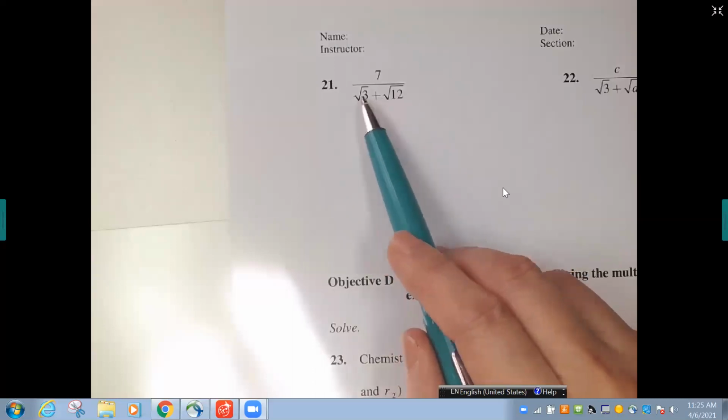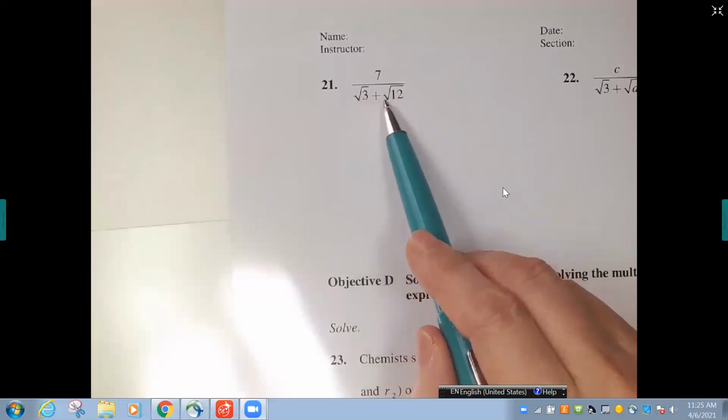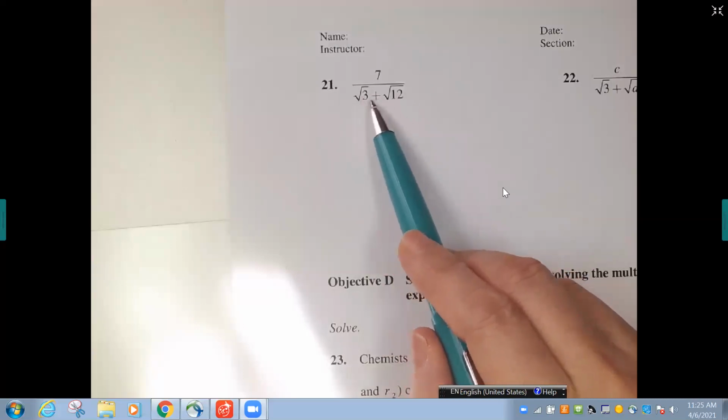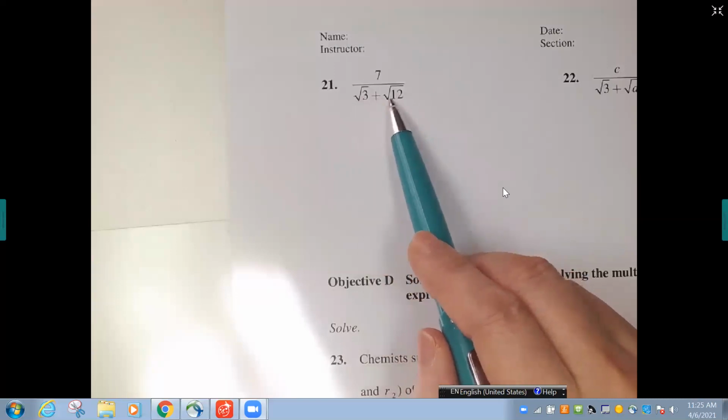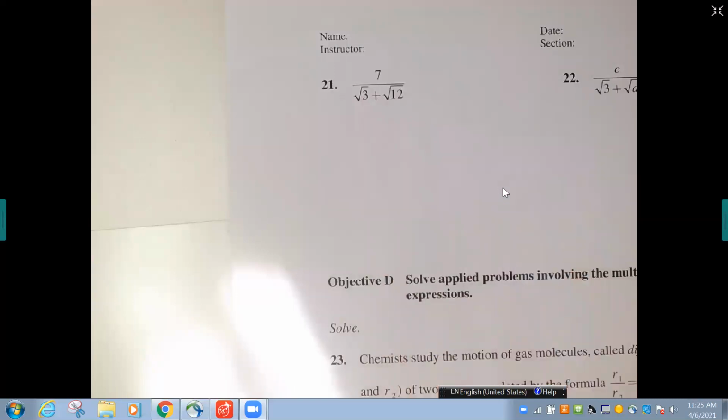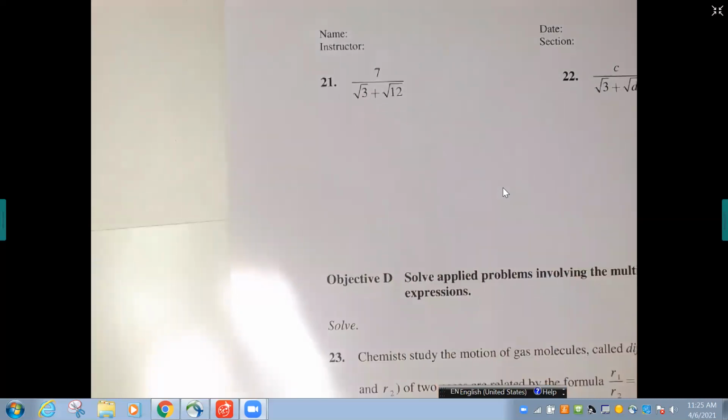How can I get rid of the radical symbol if we have a two-term radical expression? Now we are going to use what we mentioned in the first section of today's class: look for the conjugate of the radical expression.